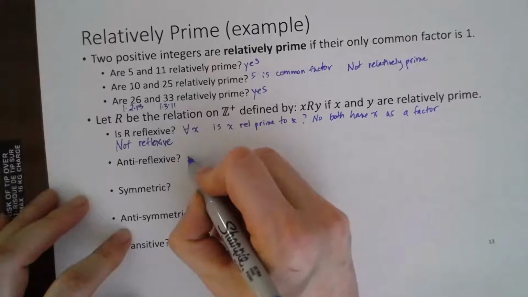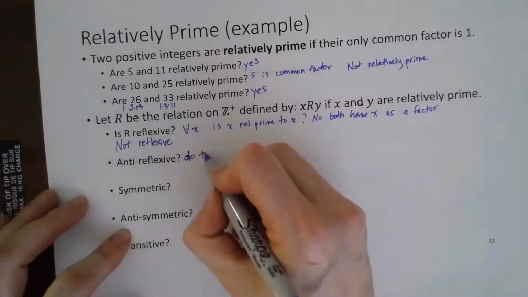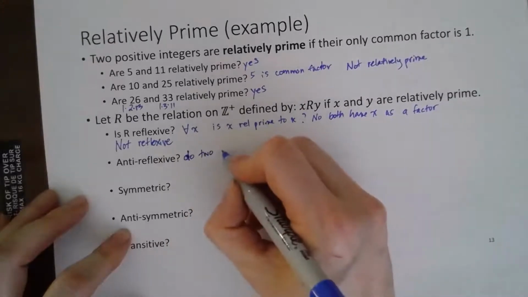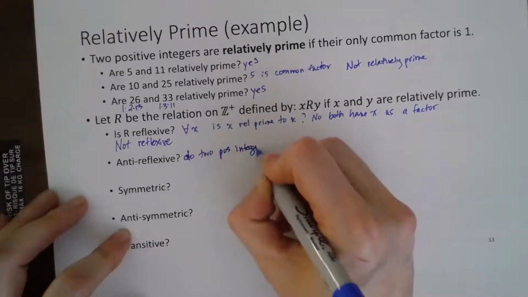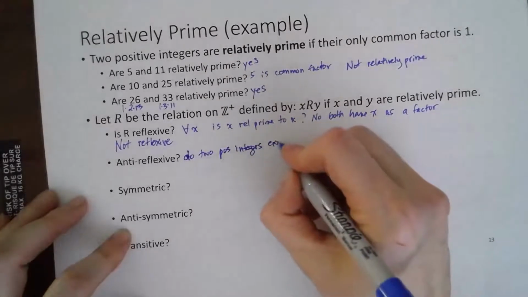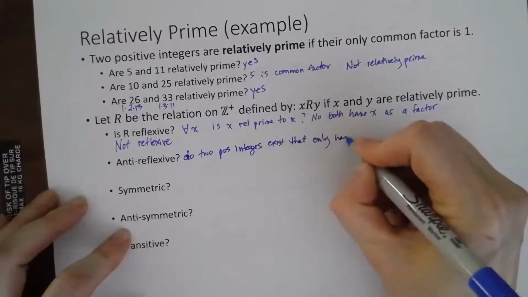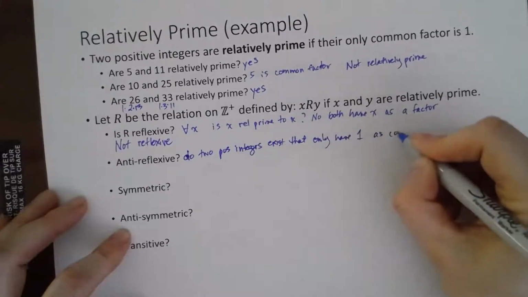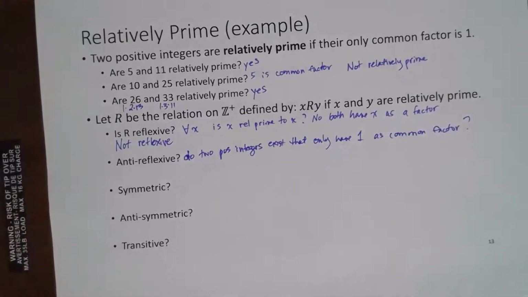So I can just ask myself, do 2 positive integers exist that only have 1 as a common factor? If I can just find one counterexample, then it's not anti-reflexive.